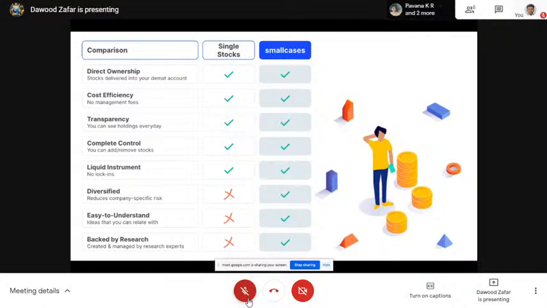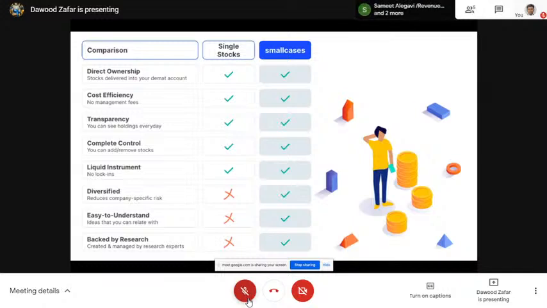So these ideas are easy to understand. You can relate to them. The most important part is these ideas or smallcases are backed by research experts. They are created by research experts and managed by research experts, which means there is a ready-made idea which we can relate to. Our research experts have made it. What else do we want, guys? It's easy to go and invest, right?